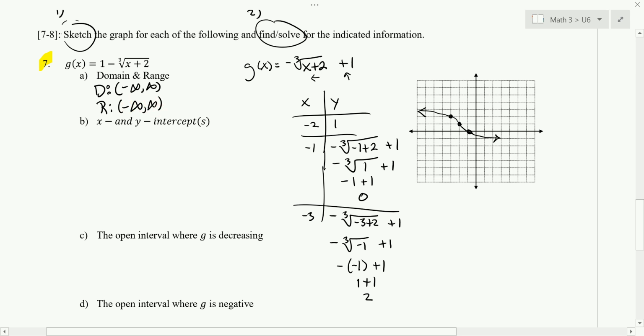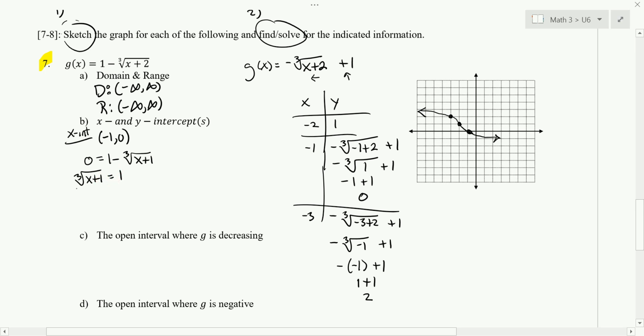The x-intercept we see in the graph is at negative 1, 0. If you didn't choose that point to graph, you can solve for that by plugging in 0 for g of x, subtracting 1, or you can add the cube root of x plus 1 to both sides of the equation.